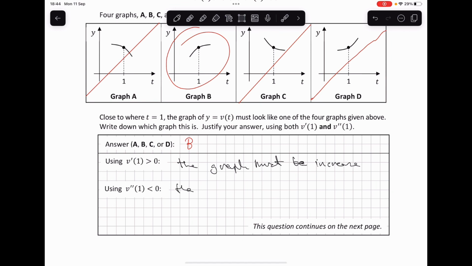The graph must be decreasing in its slope, in its rate of change of slope.